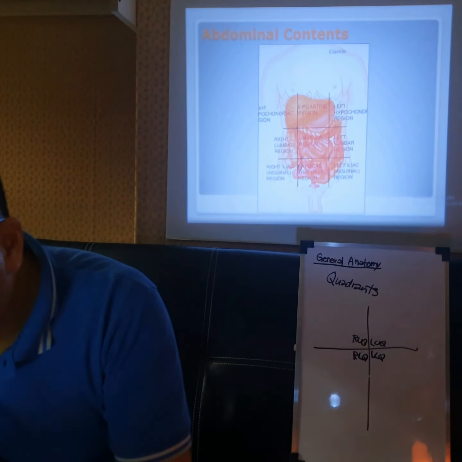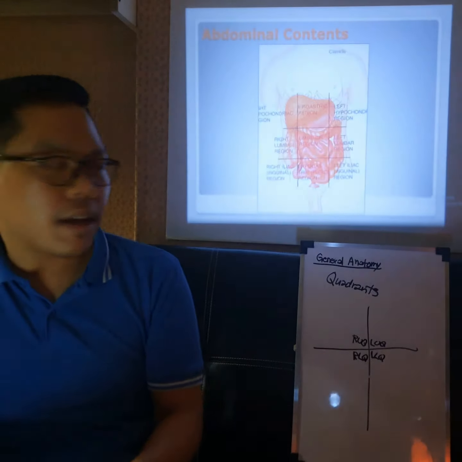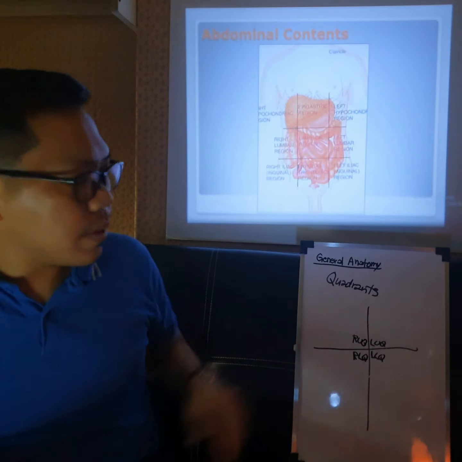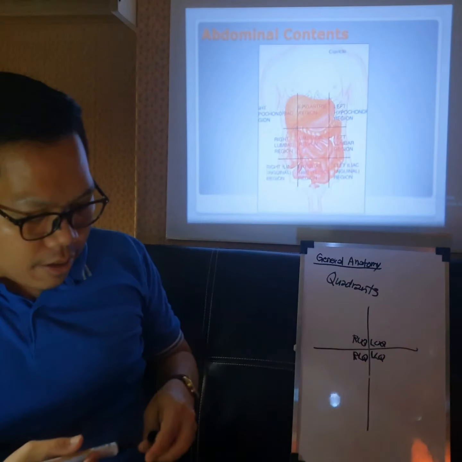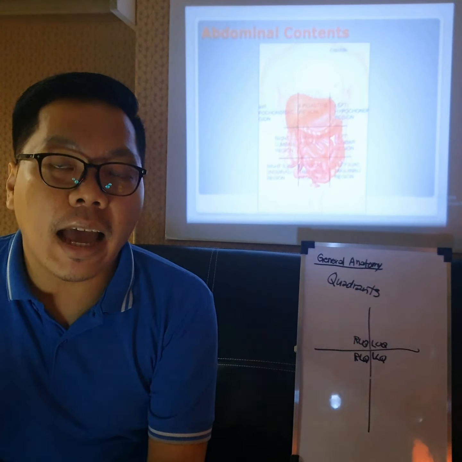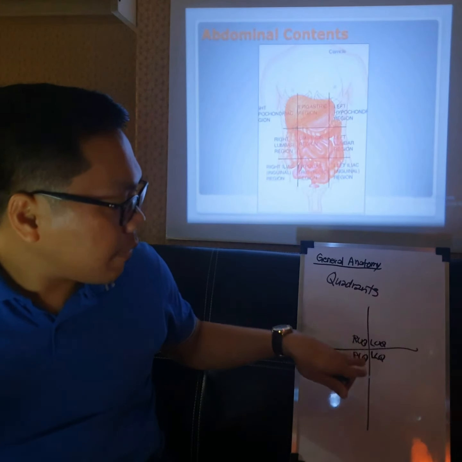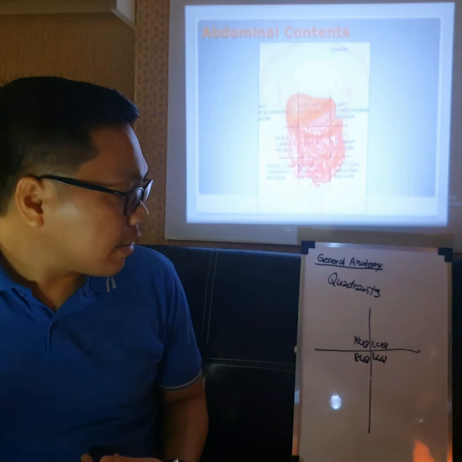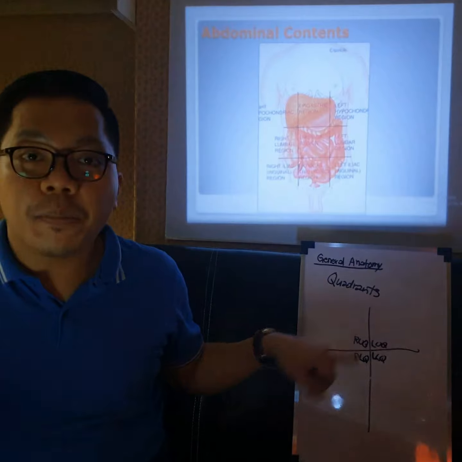And dito sa quadrant, so as we can see dito sa photo natin, so if we are going to draw itong nasa photo natin, pag tinanong ka, saan makikita ang liver? What's our answer? Right upper, left lower, or right lower? So our answer, ang usual answer natin would be right upper quadrant.